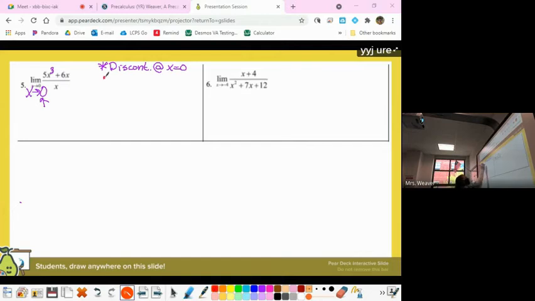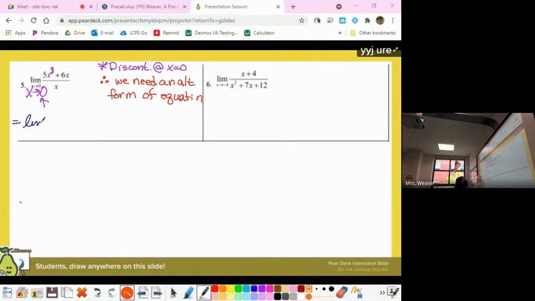So therefore, we need an alternate form of the equation that we can evaluate to say, okay, this function doesn't exist at 0, but does its limit exist? Where is the function headed towards? So we need to find an equivalent form of the equation. Let's see if we can do that by algebraically manipulating it.